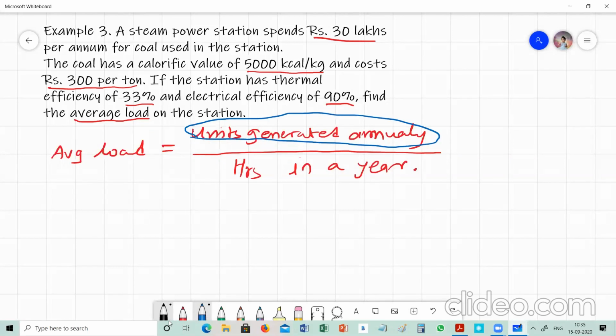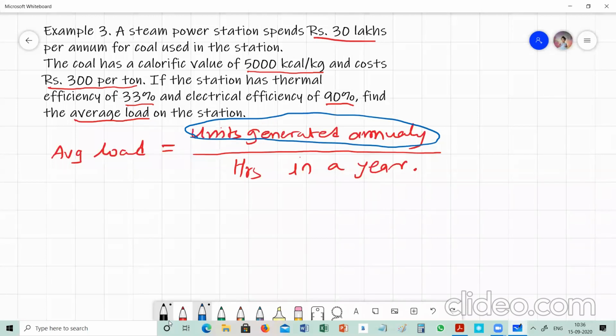By observing the problem, the efficiency data is given. If we know the input energy or input heat of combustion, and using the efficiency, we can calculate the units generated annually.